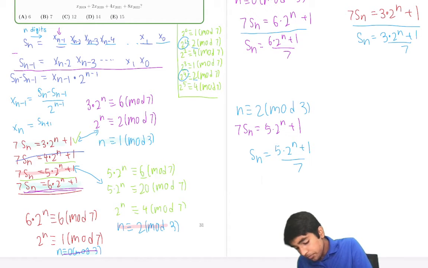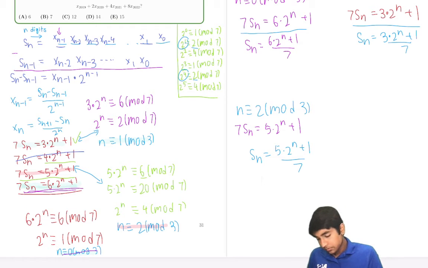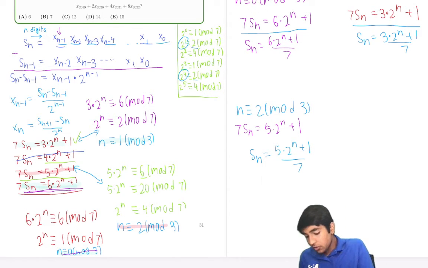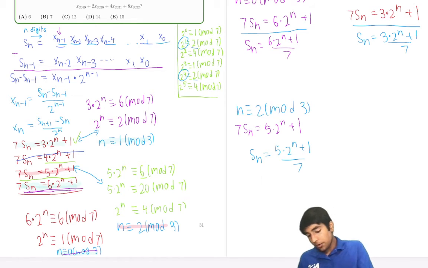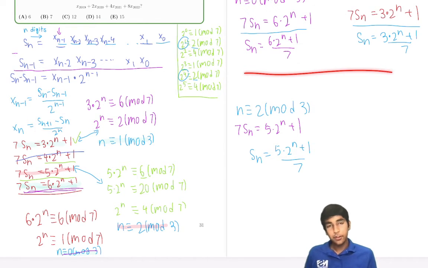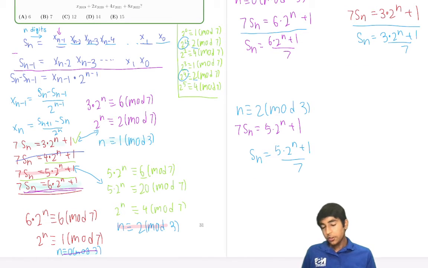So x of n is s of n plus 1 minus s of n over 2 to the n. So then what values will x of n become 1, and what values will it become 0? Well, we know the formula for calculating s of n, so right here, we found our formulas. So we just have to plug those in.